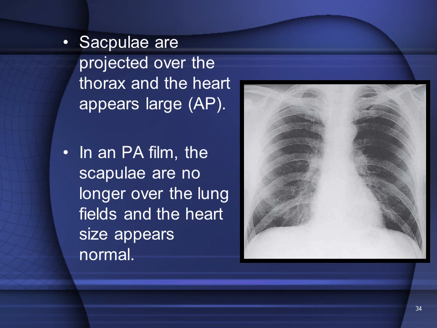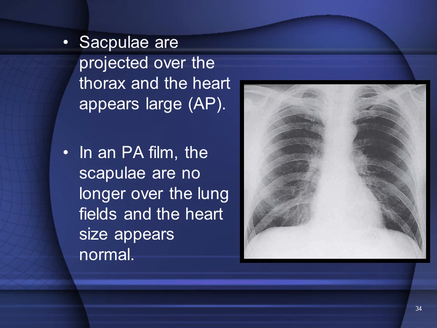This is in contrast to the PA projection, in which the scapula has been rotated out of the way of the apices of the lung field. Here, just about even with the lateral border of the thorax.